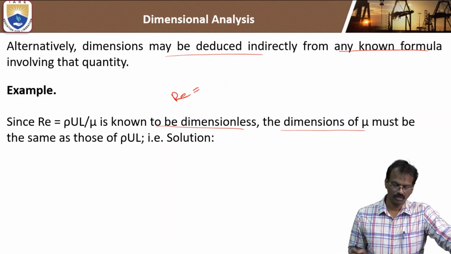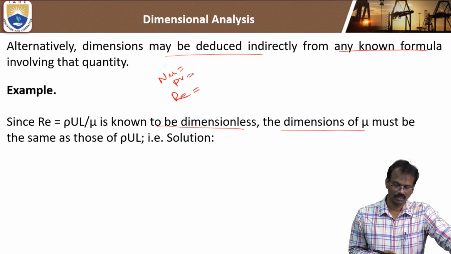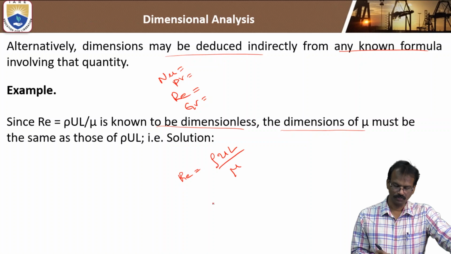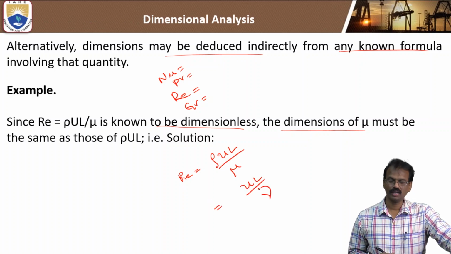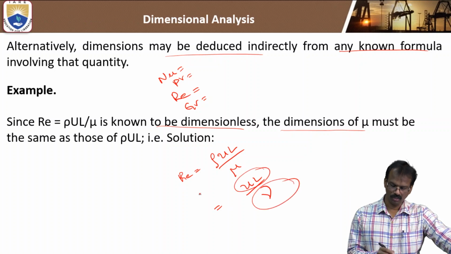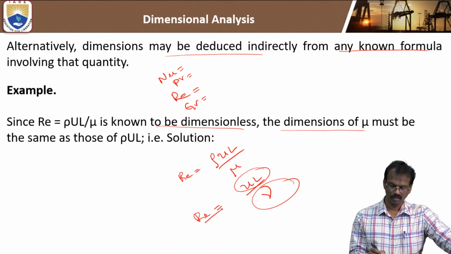Reynolds number is dimensionless. Nusselt, Prandtl, and Grashof numbers are also dimensionless. Reynolds number is rho ul by mu, or ul by the kinematic viscosity, so the dimensions are the same.